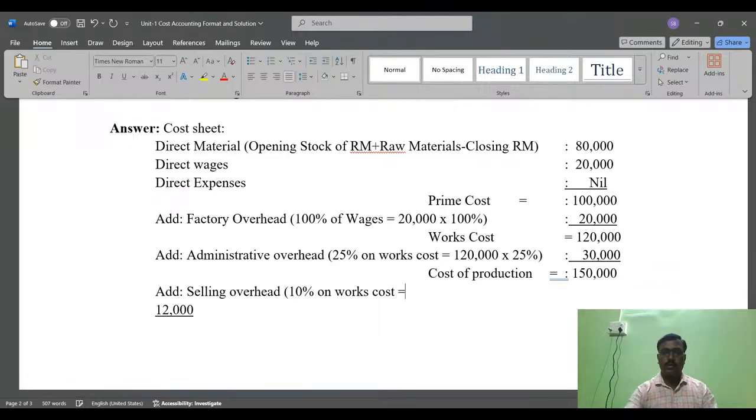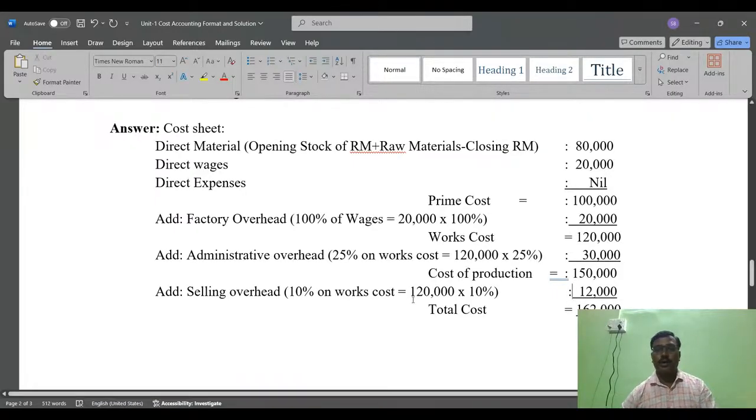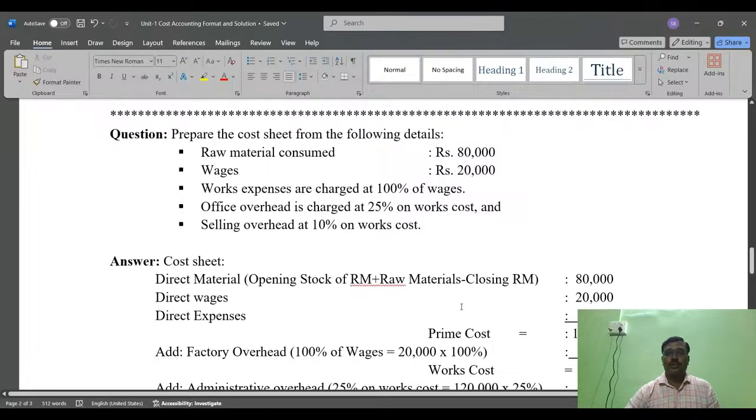So 1,20,000 multiplied by 10 percentage. So we could get the amount of rupees 1 lakh, sorry, rupees 12,000. Out of 1,20,000, 10 percentage is 12,000. Here the total cost is 1,62,000. It's a very simple problem.